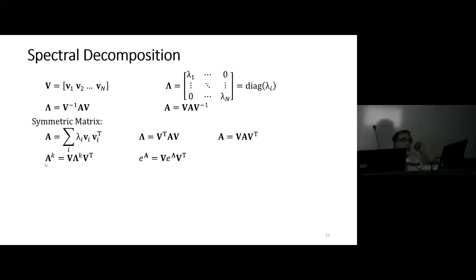Likewise, here we are not doing element-wise raising to the power of K. This is for the whole matrix. A square is A times A, it's not equal to each element of A being separately squared. You understand the difference. Anyway, any questions so far?